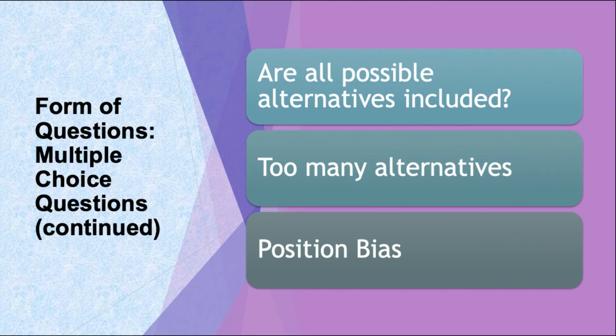So in multiple choice questions, all possible alternatives should be included. That is a question you have to ask. If you feel that not all the possible alternatives are included, then you should add others, please specify. But again, having too many alternatives makes it too difficult to do the coding and to create the data. And there is position bias.